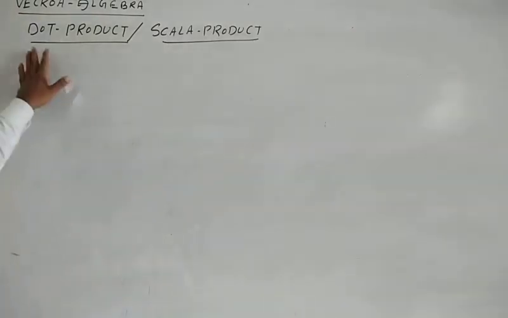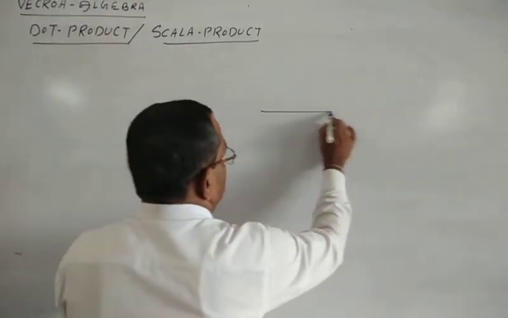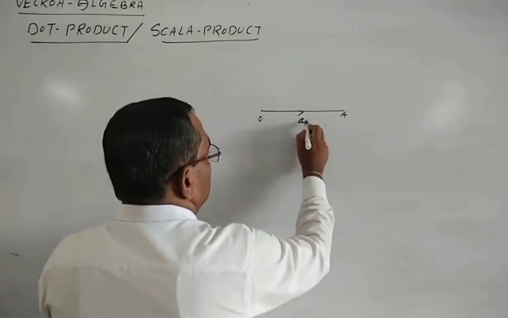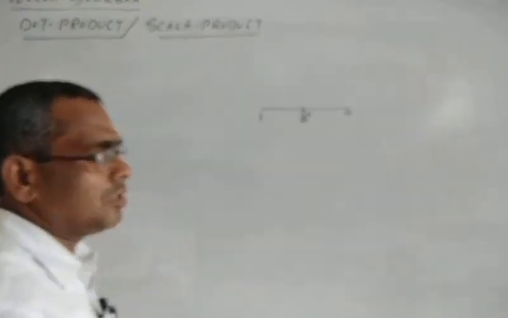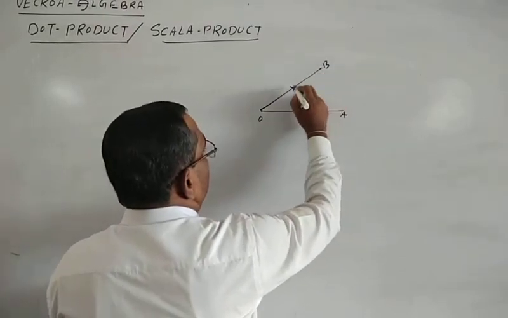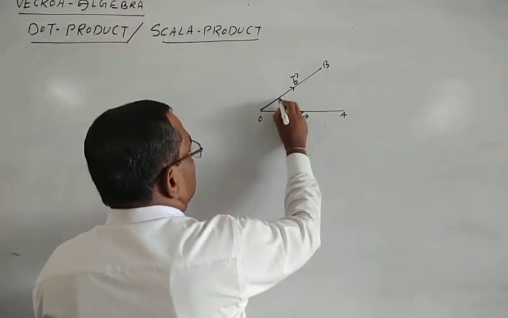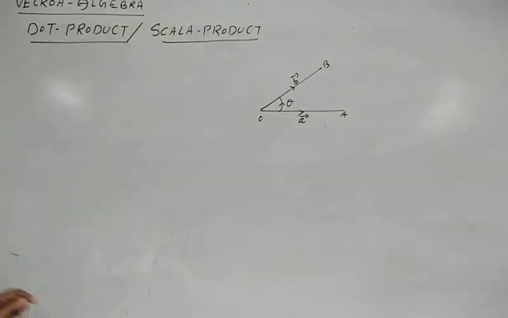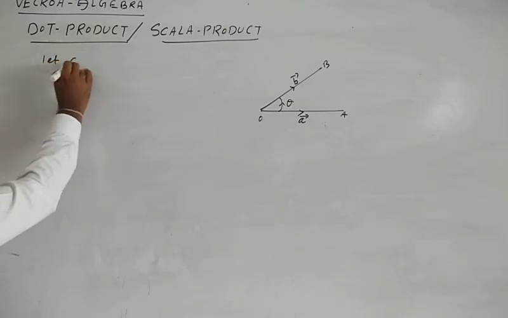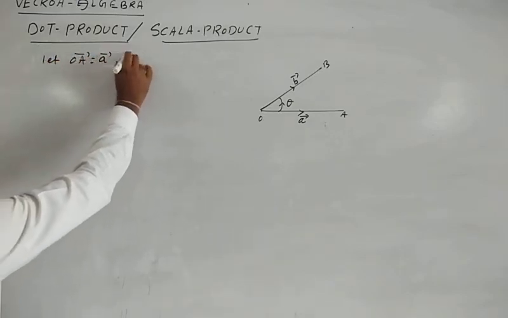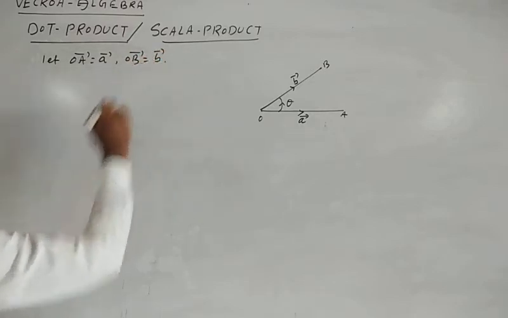So how can you define the dot product of two vectors? Let us consider two vectors. Let OA vector is equal to A vector and OB vector is equal to B vector, and theta be the angle between A vector and B vector.